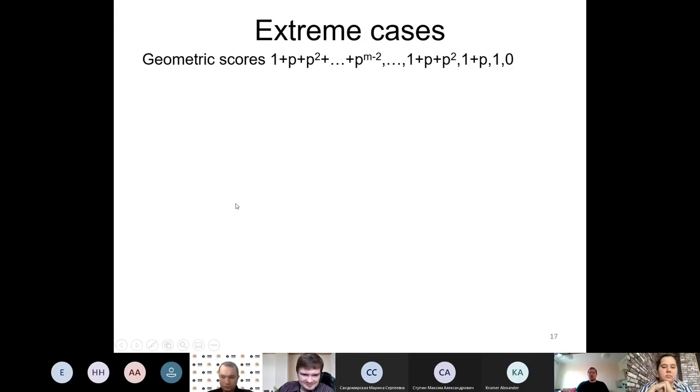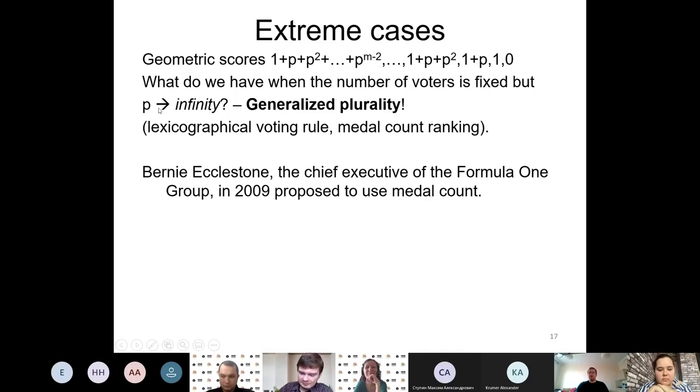Okay, so here we have also extreme cases in our class. If p goes to infinity, we have exactly generalized plurality, but we extend this class by generalized plurality because when p goes to infinity, in fact, this scoring vector will be equivalent to generalized plurality for any fixed number of races.